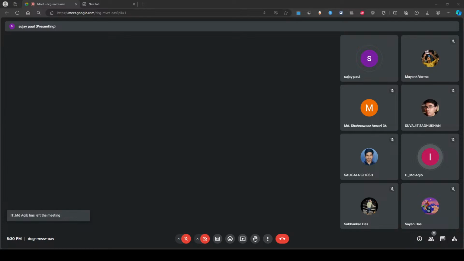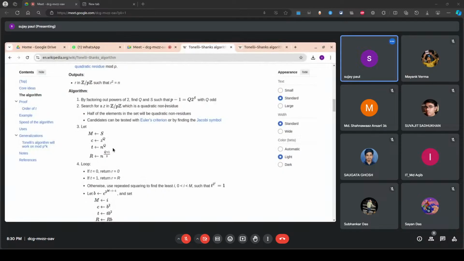Now I will go for step 3. What is step 3 saying? I have to initialize four variables: m, c, t, and r. The initial value of m should be s. I have got s from here.